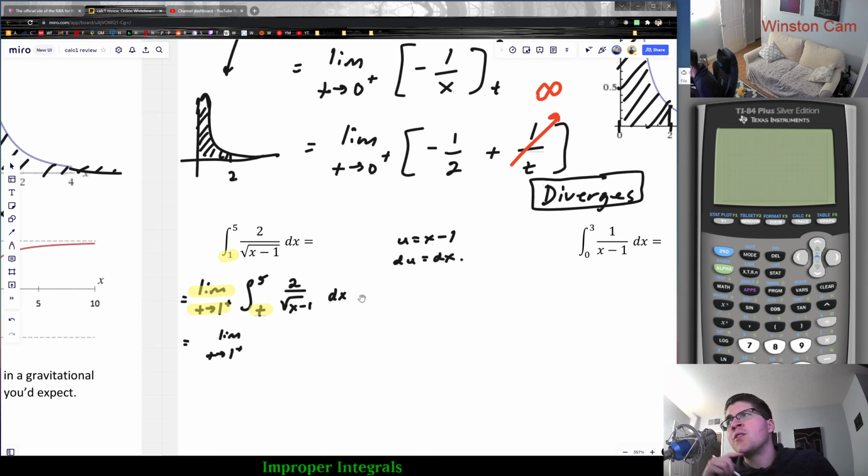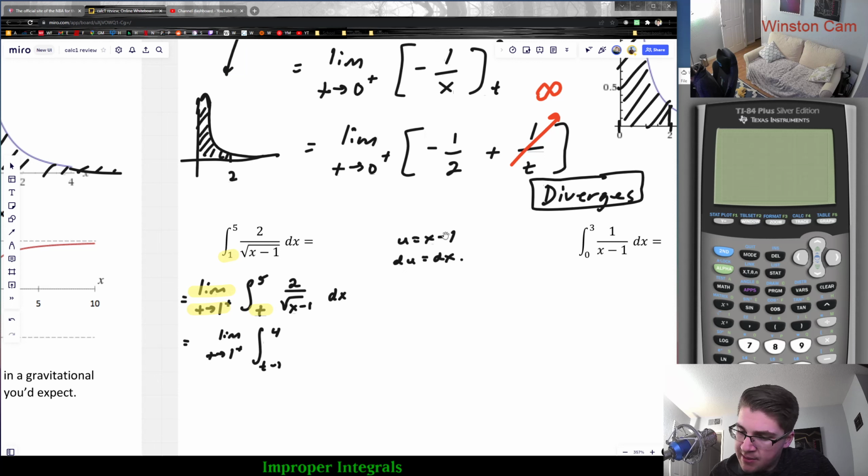Another thing you might be wondering is, if you do u sub, do I need to change t? No, t is left alone. But if I plug in the boundaries, I do need to change these since they were originally in terms of x. If x is equal to t, then u would be t minus 1, and if x is 5, then u would be 4. And then this would leave me with 2.